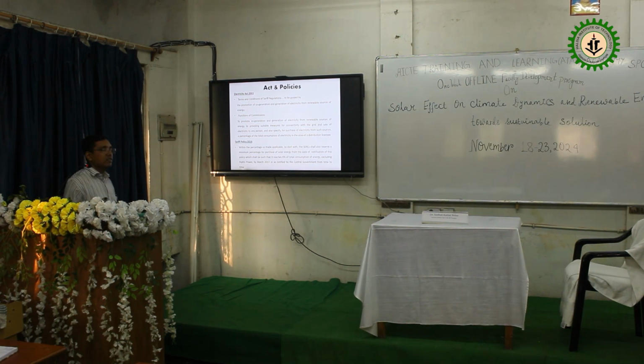That happened due to the collapse of the power system. The first major collapse happened in Odisha. If you know the Odisha blackouts, it happened in the 2000s. After that, it was passed in parliament. So that developed the provision for solar as well as different alternative resources, the renewable resources.